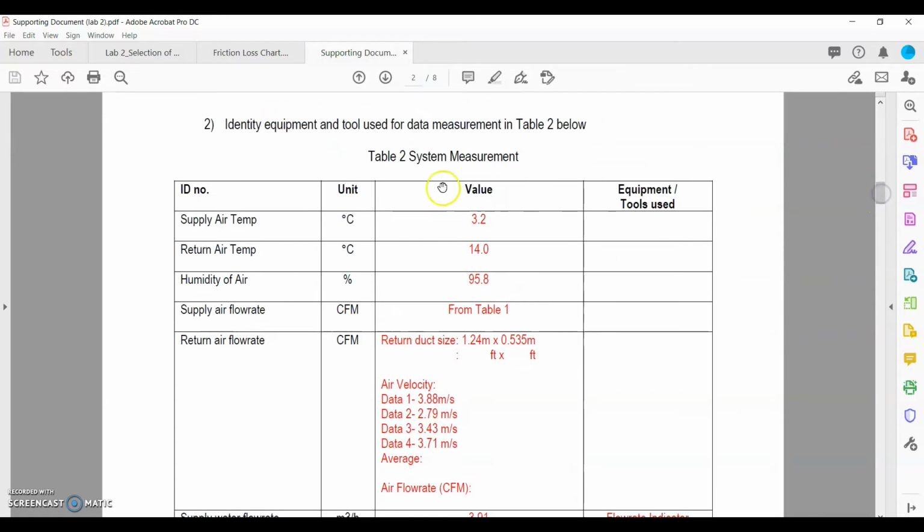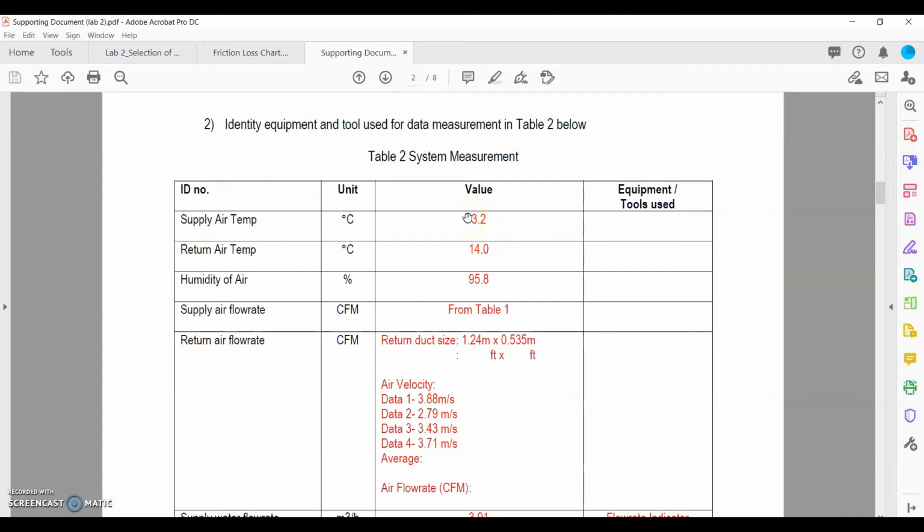For the second table, just identify the equipment and tools used for data measurement. For supply air temperature, 3.2 degrees Celsius, this is data I got for you. The unit is degrees Celsius, and also the return air temperature at 14 degrees Celsius. The supply air temperature I actually measured using an anemometer.